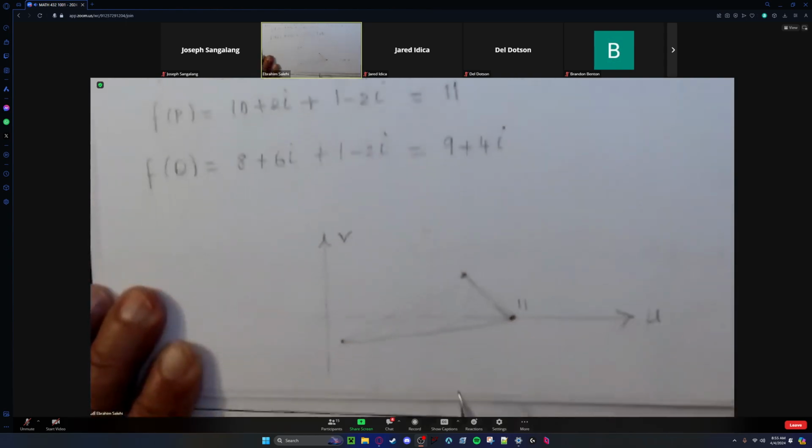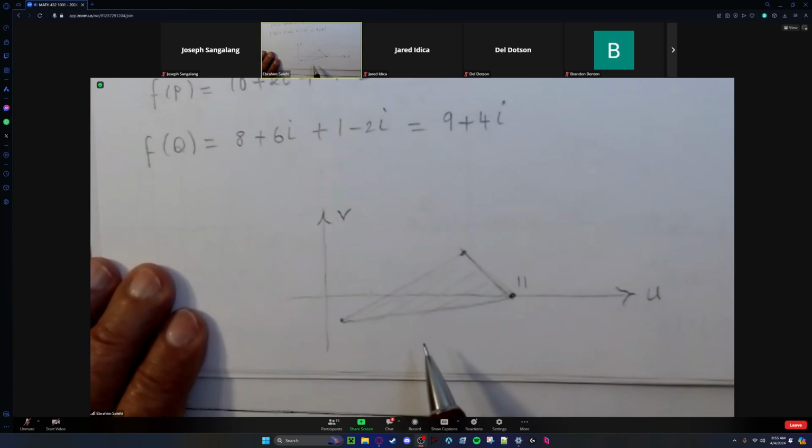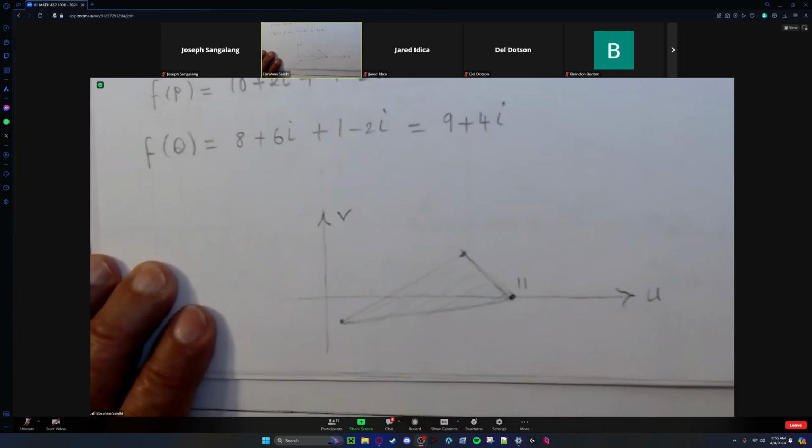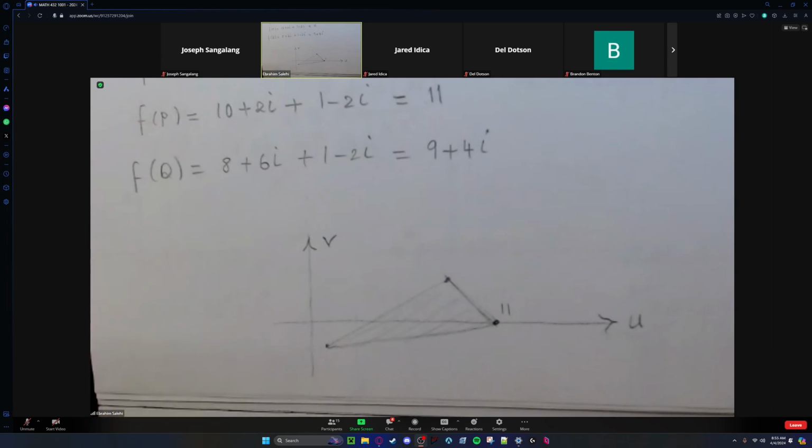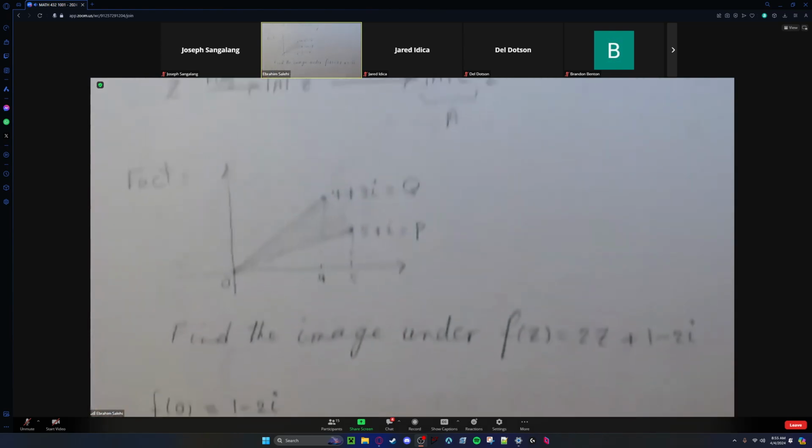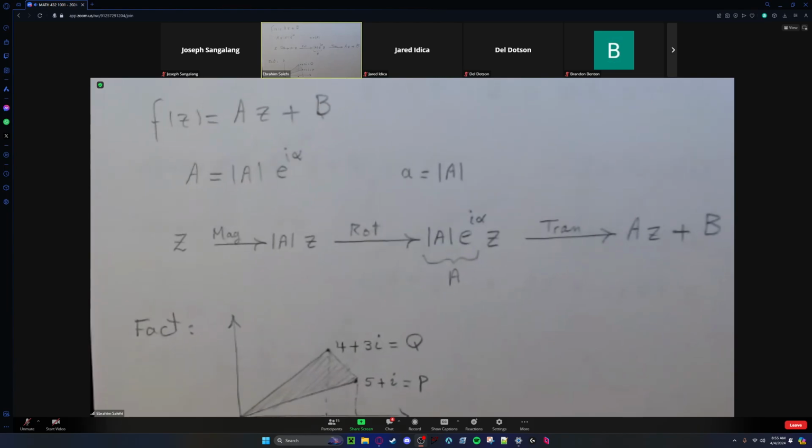And here is the image. Using the fact that, of course, when you are dealing with the linear function, straight lines will stay straight lines, okay? That was a sort of key and shortcut to our solution.